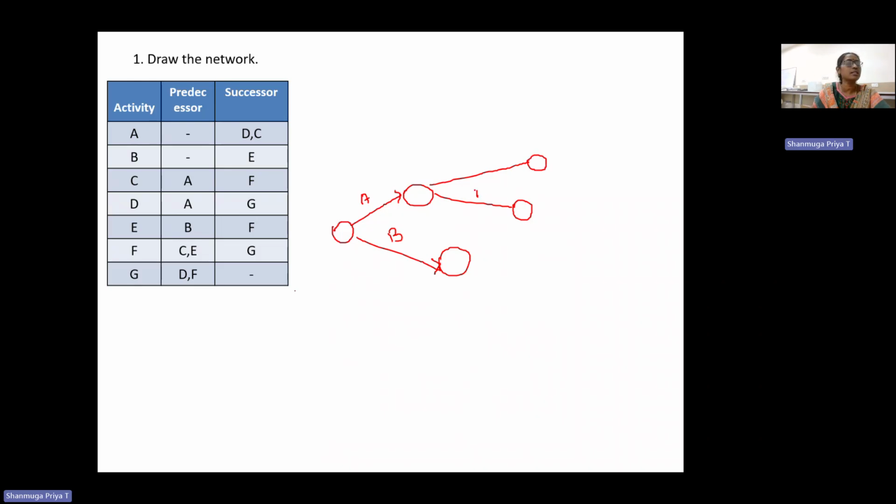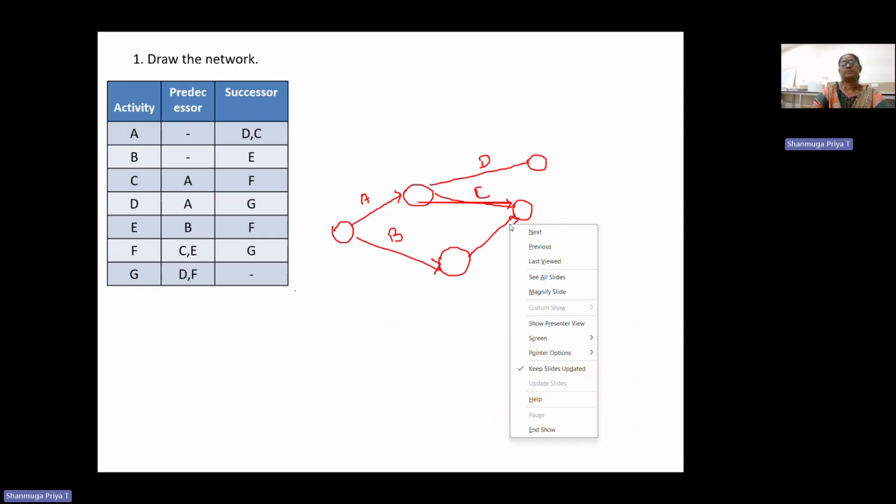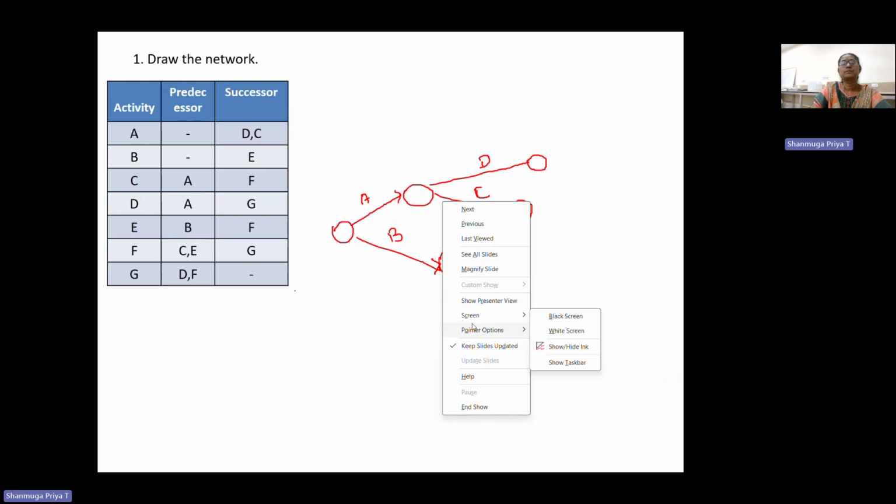We can make trials also. So C activity and D activity like this, then we connect them. E activity will start after completion of the B activity, like this. Okay, so now you can see A and B are the starting activities.